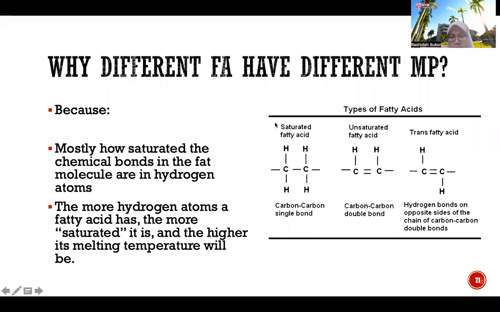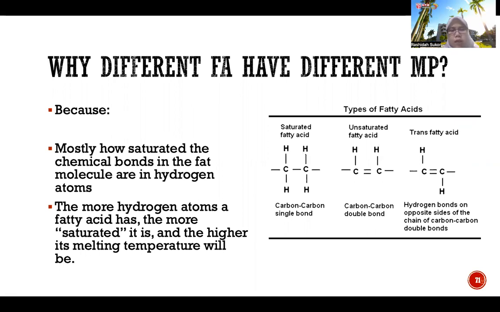But for fatty acid, okay, the other bond other than carbon will be H. Okay, so that is the bond between the hydrogen and the carbon. Right? Mostly how saturated the chemical bond in the fat molecule are with hydrogen atom.